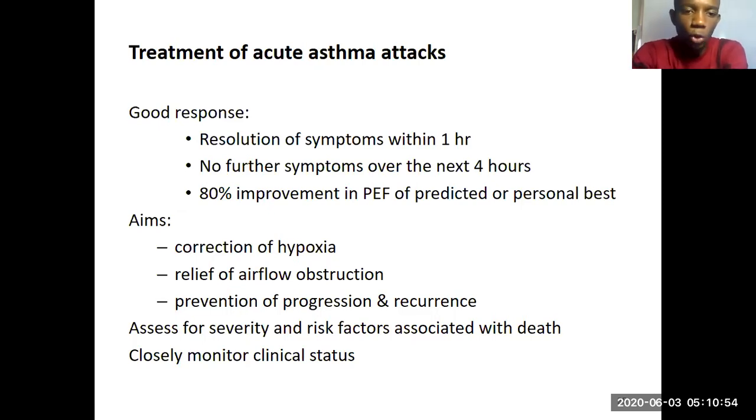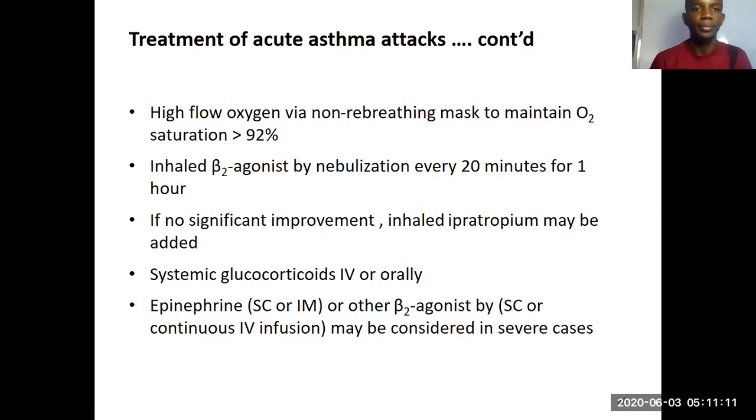The aims are to correct the hypoxia, to relieve the airflow obstruction, and to prevent the progression and recurrence. Also, assess for severity and risk factors associated with death by closely monitoring the clinical status.